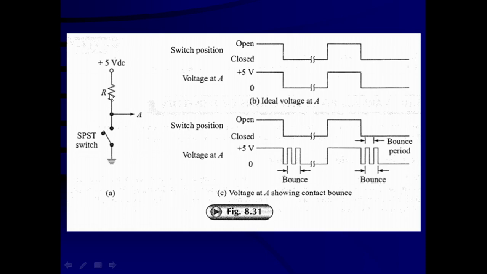So when the switch is open like this, the voltage at point A, the output of the switch terminal through which you can provide the electrical signal to the digital devices, is going to be plus 5 volt because no current is passing through the resistance. So IR is going to be 0. Whatever the potential at this end of the resistance appears at the other end of the resistance. So the output at point A is going to be 5 volt.